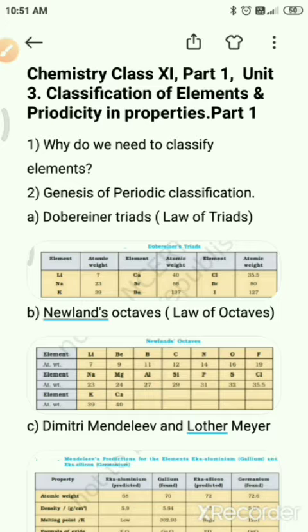First, we should know why we need to classify the elements. Because we know that the elements are the basic units of all the types of matter. During 1800, only 31 elements were known.